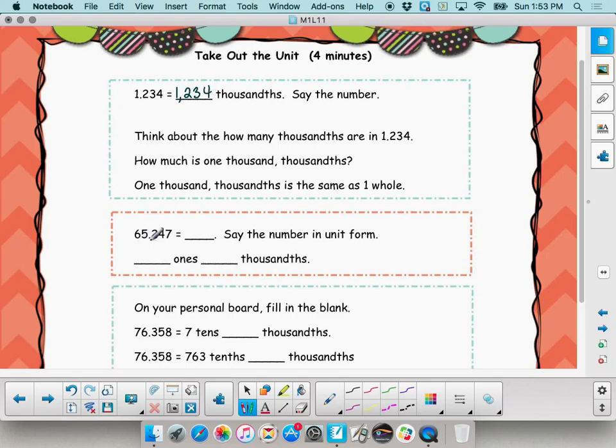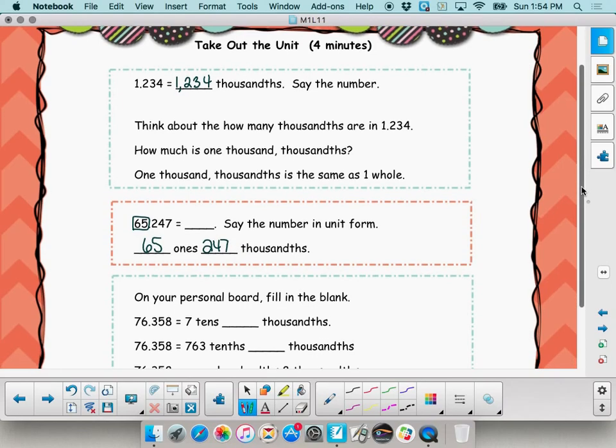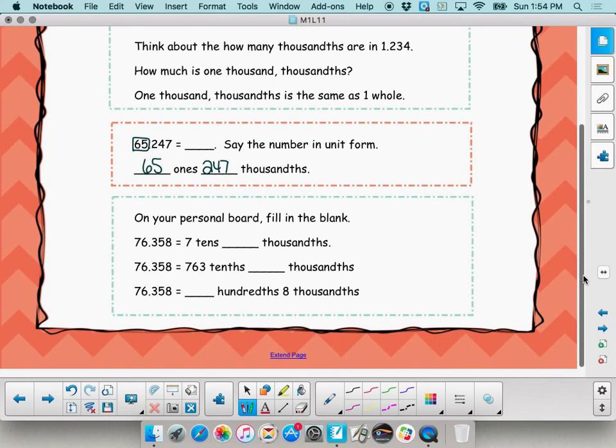Okay, say this number in unit form, 65 and 247 thousandths. Take out the ones. How many thousandths do you have left? The next one, 76 and 358 thousandths. So take out the tens, which is 7 tens, and you should have 6,358 thousandths left.